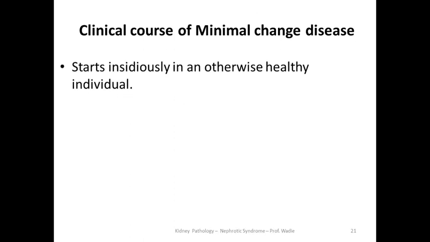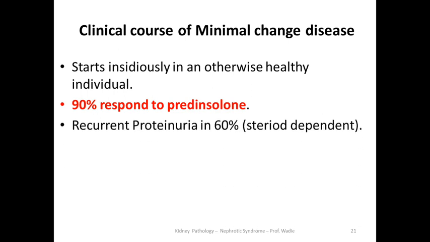The clinical course of minimal change disease, it starts insidiously or indolent. It runs a slow course in an otherwise healthy individual. 90% of individuals respond to corticosteroids, that is to say prednisolone treatment; minimal change disease responds very well to steroids.